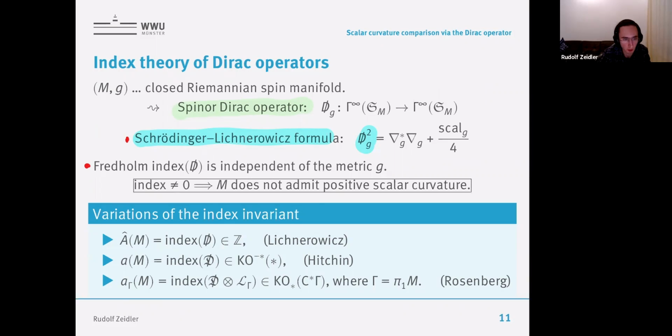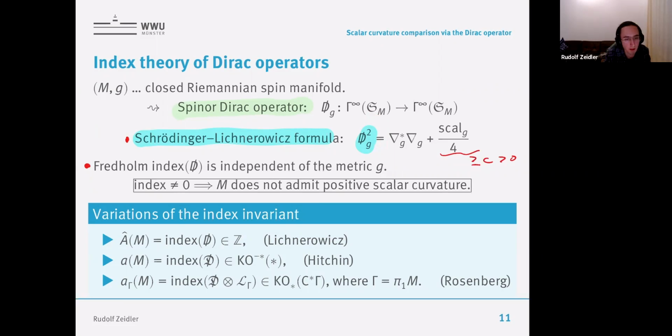Because you can compute the index with any metric, and if it's non-zero, then for one particular metric, it's still non-zero. But if this term here was uniformly positive, then this operator must be invertible and cannot have an index, and you get a contradiction. That's the general argument.